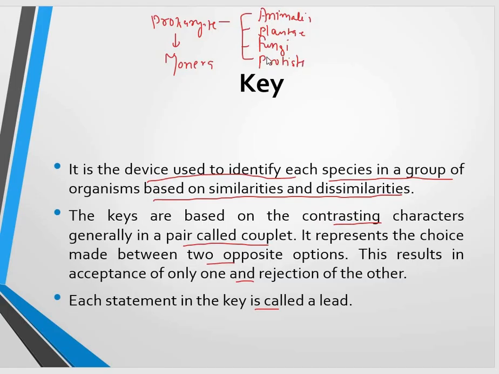Again, mode of nutrition will be the second point for categorization. If the mode of nutrition is autotrophic, then it is Plantae. If not, the choice will be between the 3 groups: Animalia, Fungi and Protista. So this is how the contrasting characters present in a key play a significant role to reach a particular category.